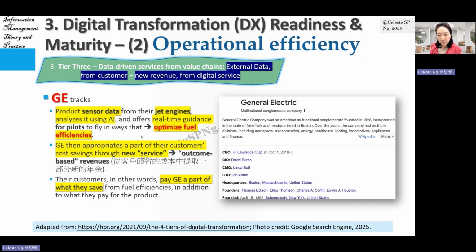So with this information, GE is using a new service called outcome-based revenue, such that GE will be paid based on the savings that the customer can get as a result of the optimized fuel efficiency advice given by GE.